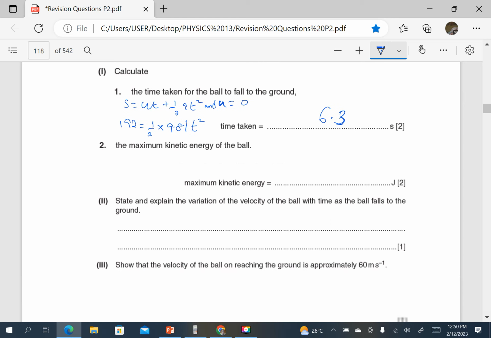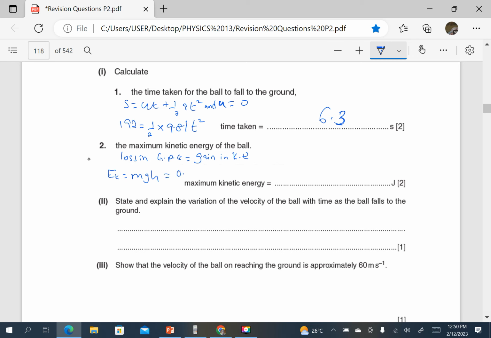Then calculate the maximum kinetic energy of the ball. If air resistance is negligible, then the loss in gravitational potential energy should be equal to the gain in kinetic energy. So the kinetic energy will be equal to the loss in potential energy, which is mgh.